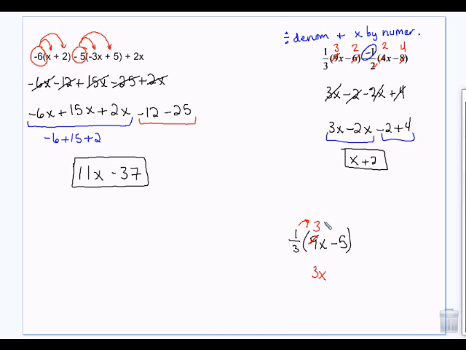No problem there, right? But 3 does not go into 5. So for this one, I'm going to multiply the 1 times the 5 and keep the denominator the same. So if you're multiplying by a whole number and the denominator doesn't divide, you just carry over the denominator.